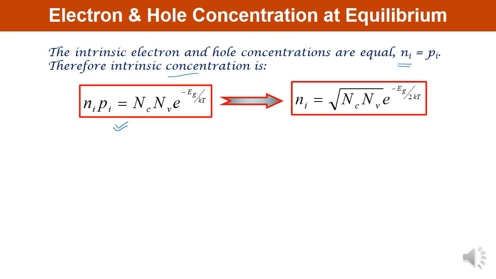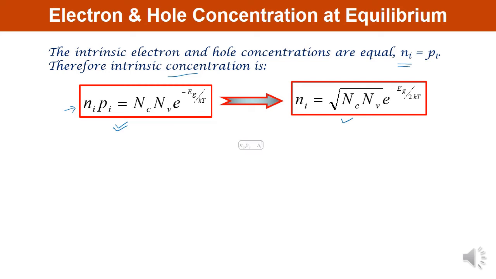It is Nc into Nv e raised to the power minus Eg upon kT. When Ni is equal to Pi, these two terms are equal. So Ni will be the square root of this term. So it would be the square root of Nc into Nv, e raised to the power minus Eg upon 2kT. So this is how you can calculate the value of Ni or Pi.